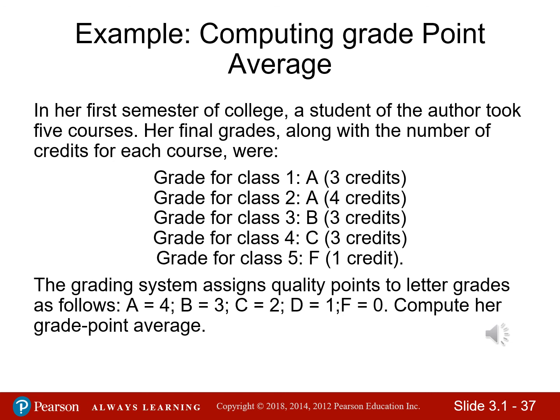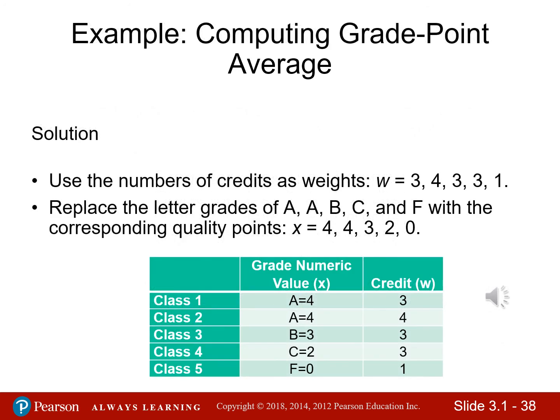So let's compute her grade point average. In this example, we will use credits for each class as the weights and the numeric equivalents of the grade as the X values.